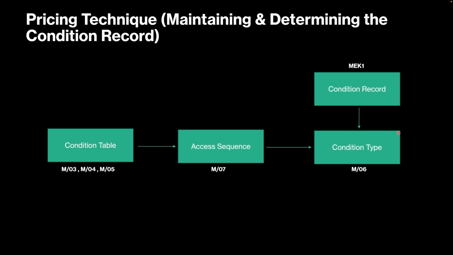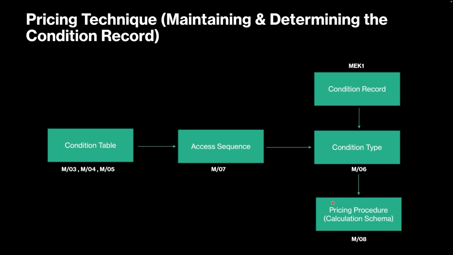Okay, and these condition types will be arranged in a particular sequence and assigned to something called a pricing procedure or calculation schema. This pricing procedure will contain a list of all the possible condition types applicable for your business scenarios, arranged in a particular sequence to calculate the prices in your purchasing document.